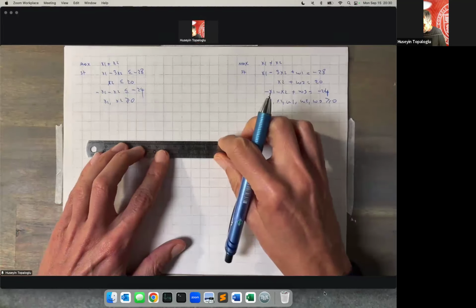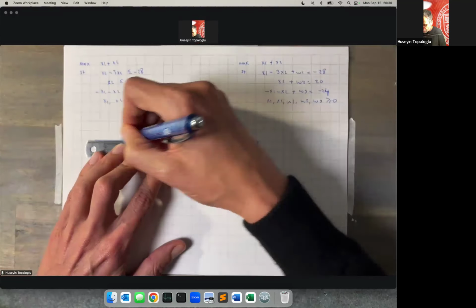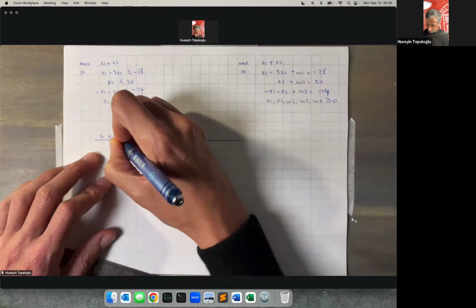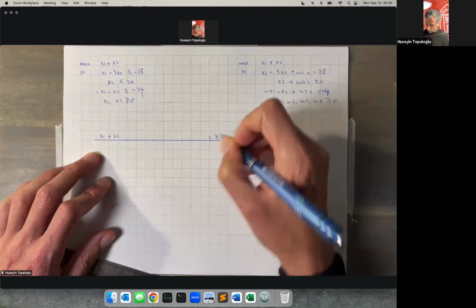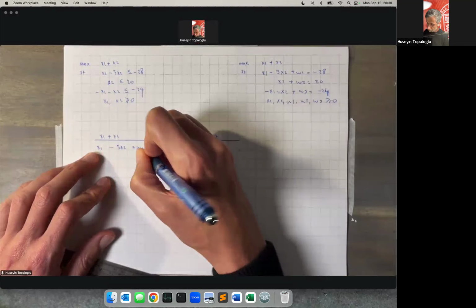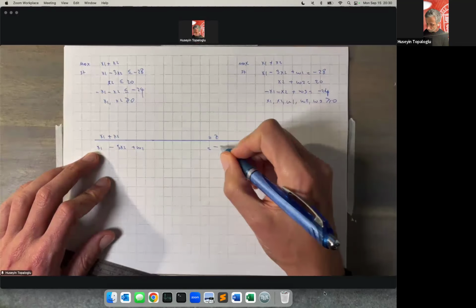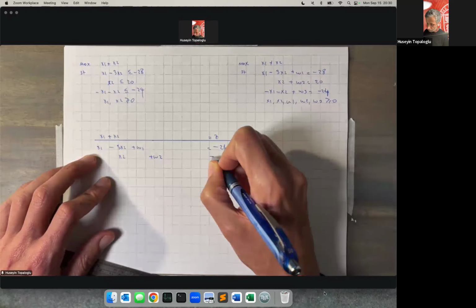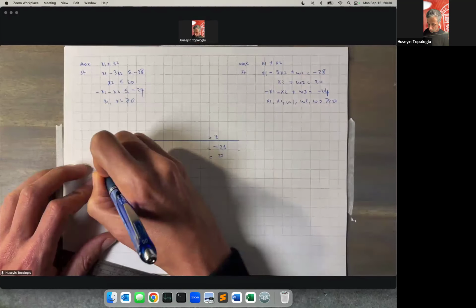Great, so now let's write down the system of linear equations that our simplex method is going to start with. Objective function row. First constraint row. Second constraint row. Third constraint row.